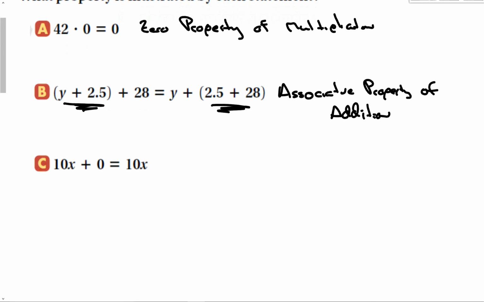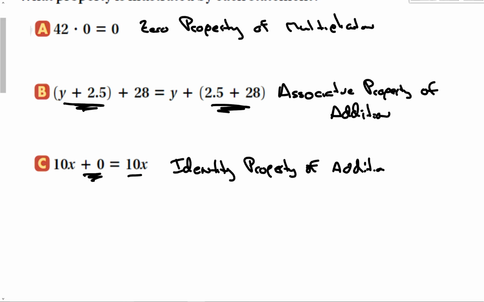Next one, part C. We have 10 times x plus 0. So what's happening here is we're adding 0 to something and we're getting that same thing. So this is going to be the identity property of addition.